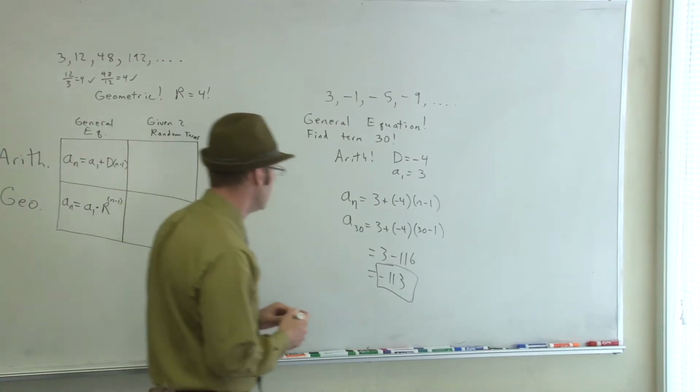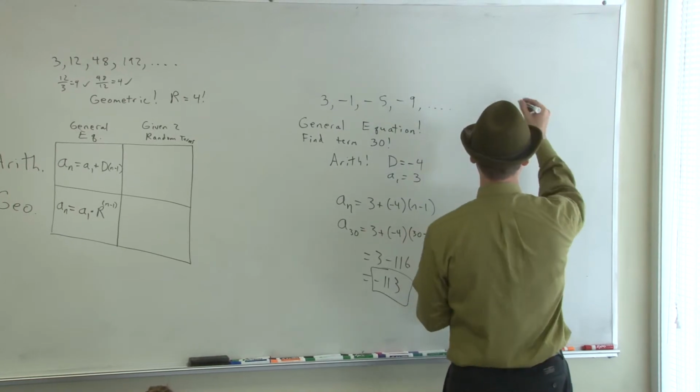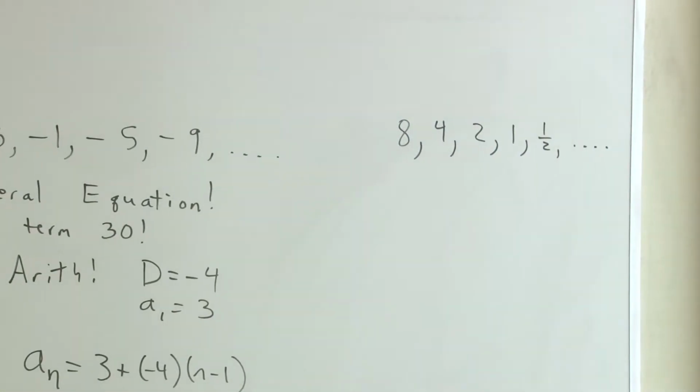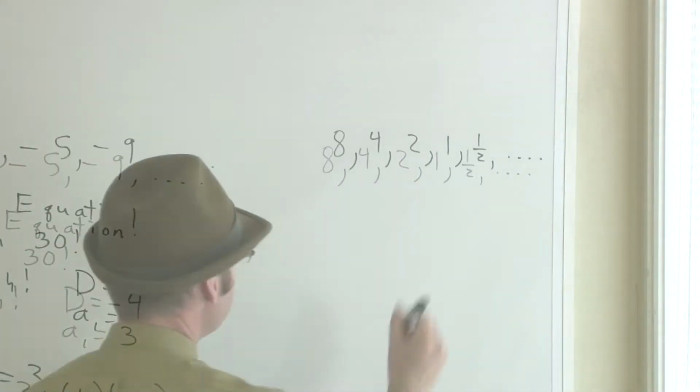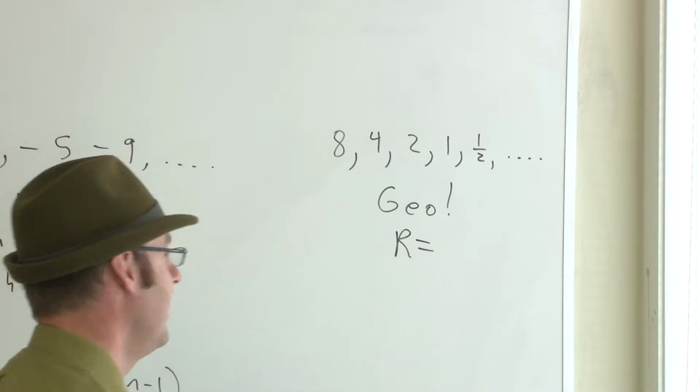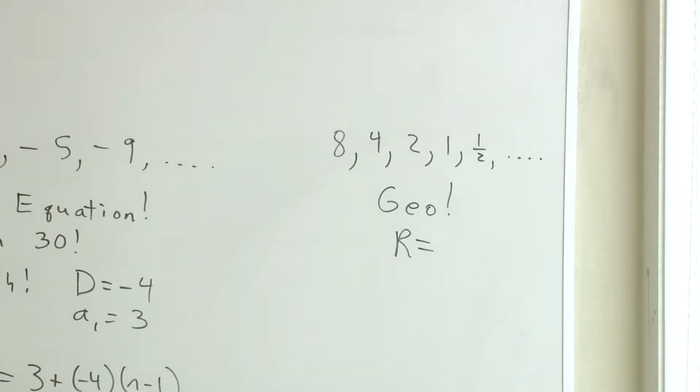Likewise, if I have this scintillating little sequence of numbers, geometric or arithmetic? So yeah, this is geometric. My ratio is what? What am I multiplying by each time? 1/2.